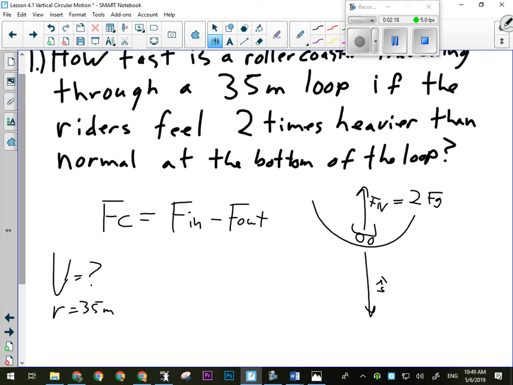Okay, so when I plug this in, I've got normal force as my force in, gravity is my force out. What that means is that Fn is 2 times Fg, or 2mg, minus mg. What's 2mg minus mg? mg, right, 2 apples minus 1 apple is 1 apple. That's what we're looking at here.